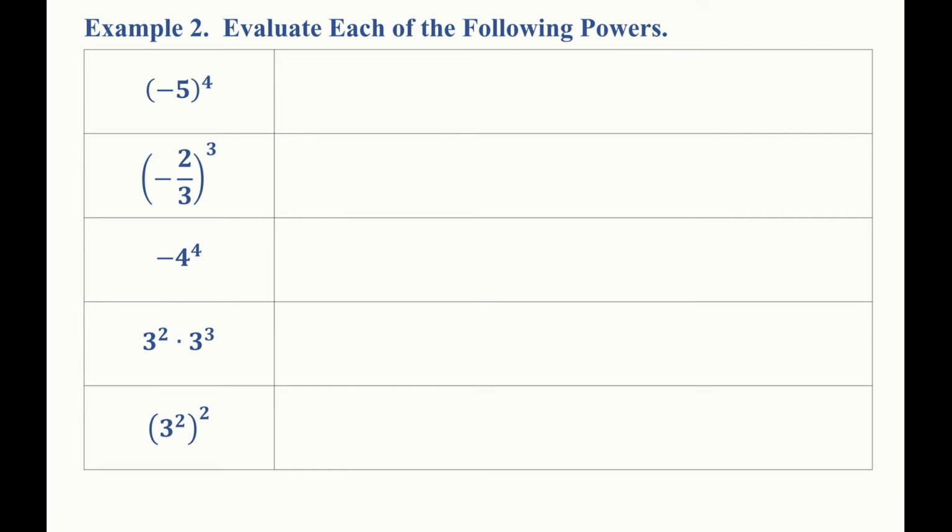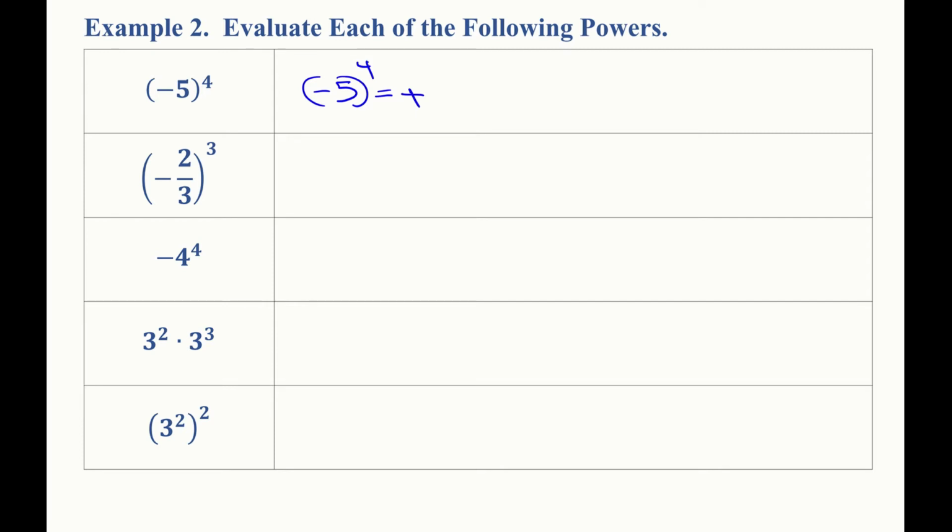All right, so here we have some powers to evaluate, and now the first one, for instance, we have -5 to the power of 4. Now we know that we have a negative number raised to an even power, so we can deal with the sign right away and be done with it.